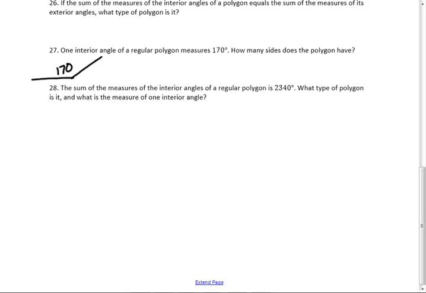I could work with the sum of the interior angles, which is harder, or I could work with the exterior angle, because the number of sides is equal to 360 divided by the measure of the exterior angle. So how big is the exterior angle? 10. So it's 360 over 10, which gives you 36 sides.